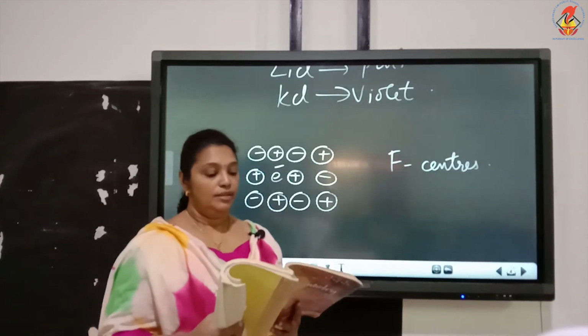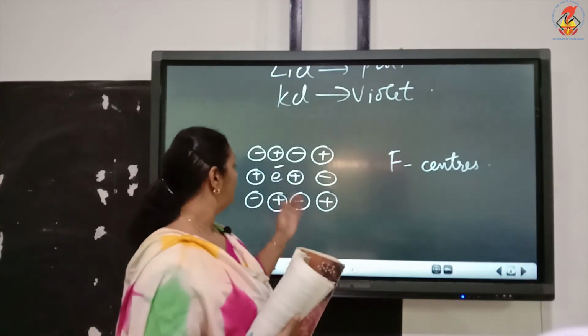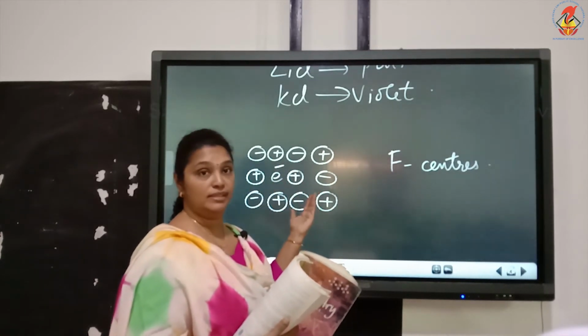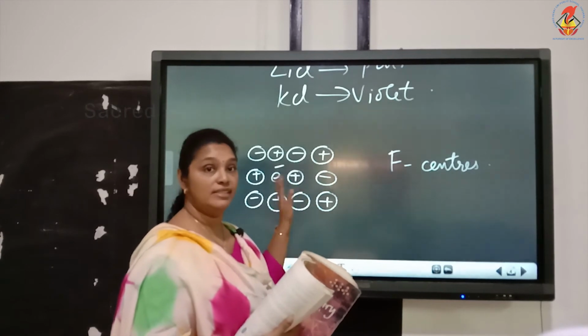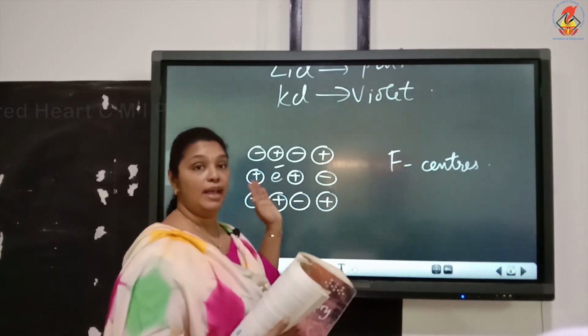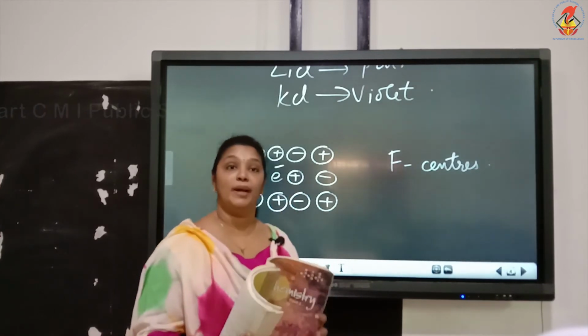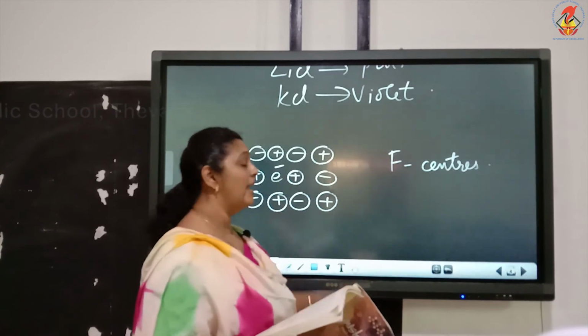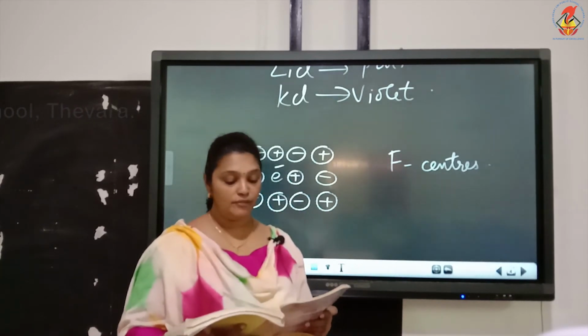So you can see here we now have metal in excess amount, that is sodium metal is there in excess, and there is an anion vacancy occupied by the electron, and we call that F centers.